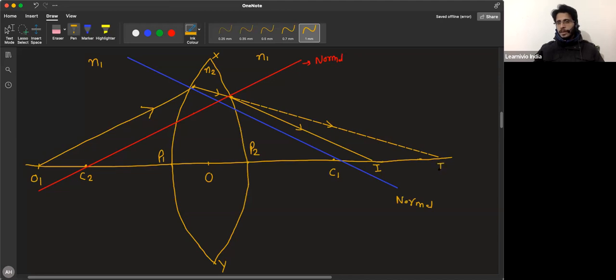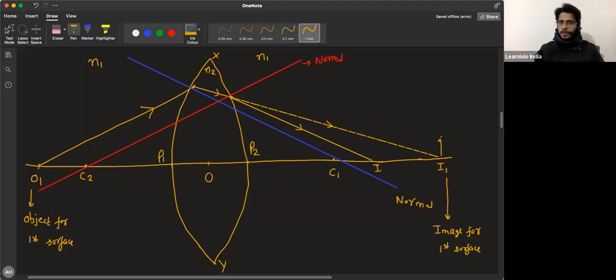You can say that this is some intermediate image. So we have two refractions. For the first surface XP1Y, this O1 is the object, and this I1 is the image for the first surface.